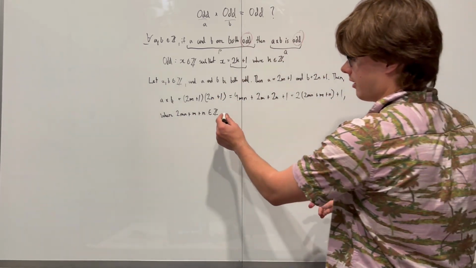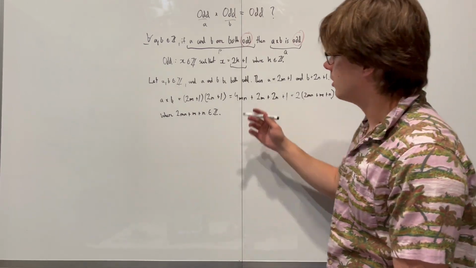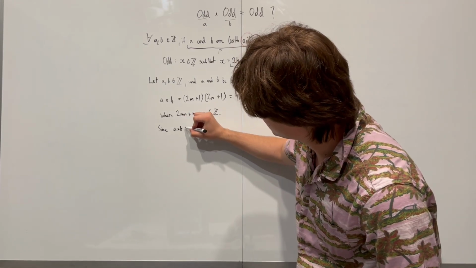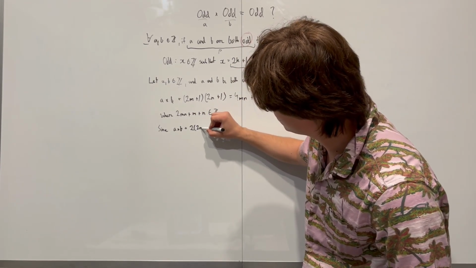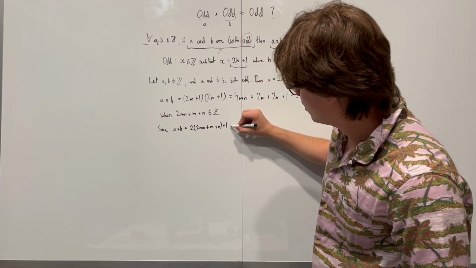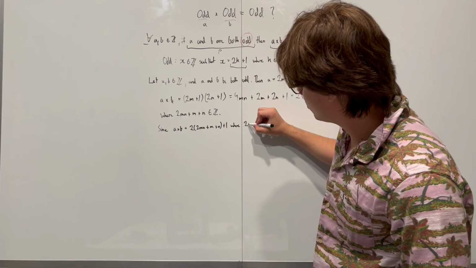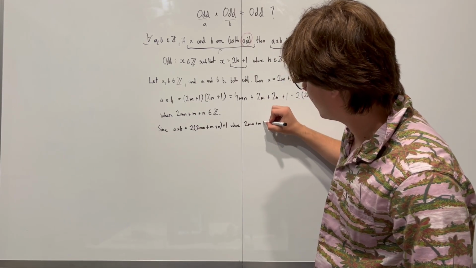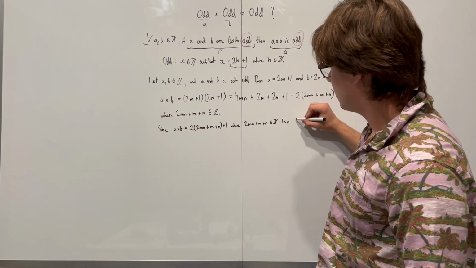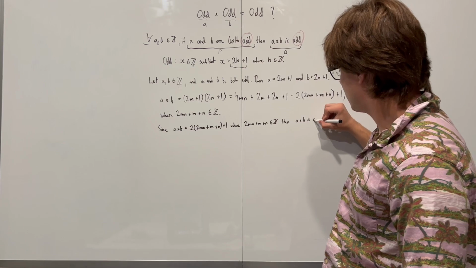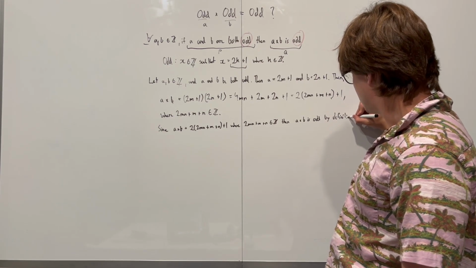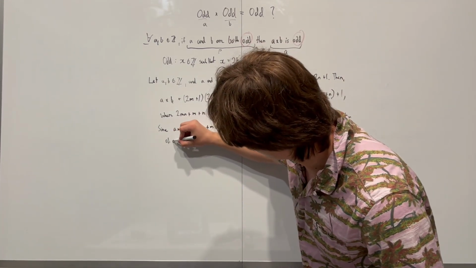There we go. Okay. Now it's time for a very simple conclusion where we say, since a times b is equal to 2 times (2mn plus m plus n) plus 1, where 2mn plus m plus n is an integer, then a times b is odd by definition of odd.